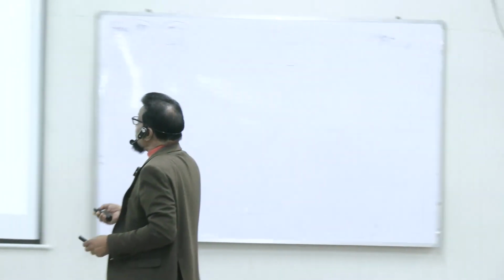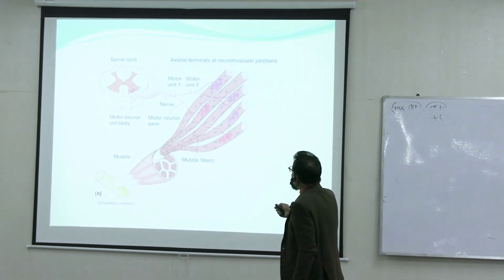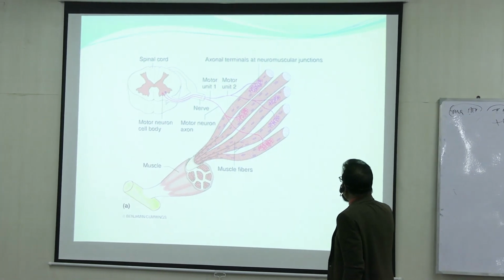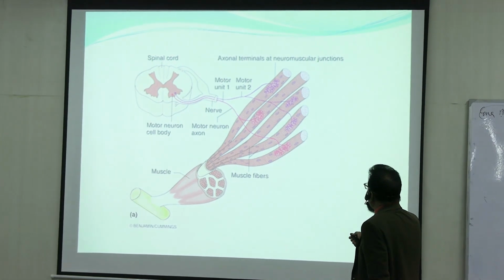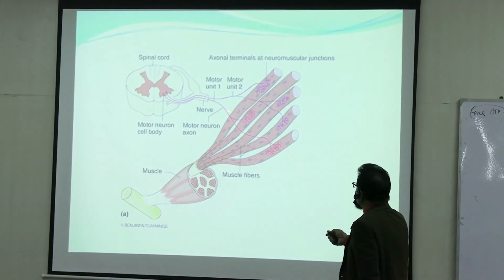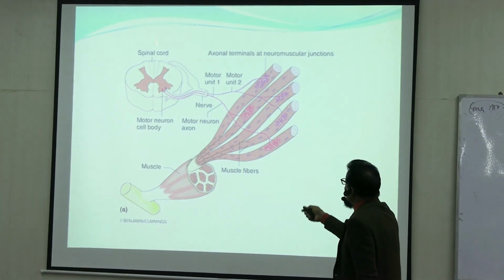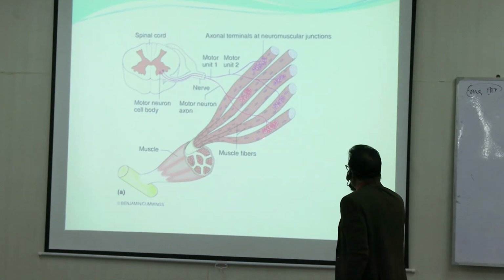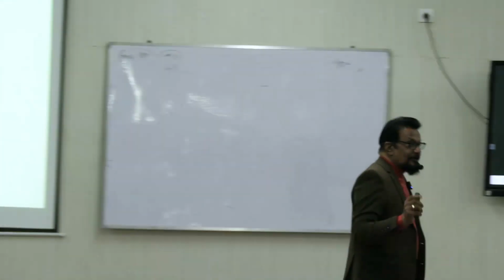See, there are two nerves, motor unit 1 and this is 2, and these are the muscle fibers. This red one is supplying this muscle and this muscle. So when stimulation comes through this nerve, it will cause contraction of these two muscle fibers only, not the others.